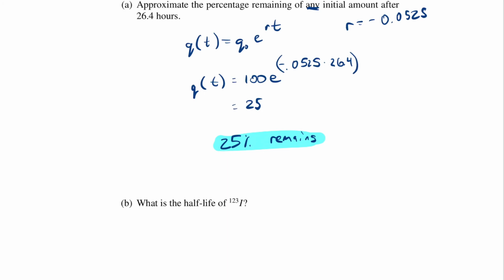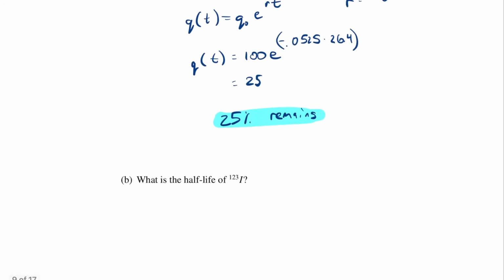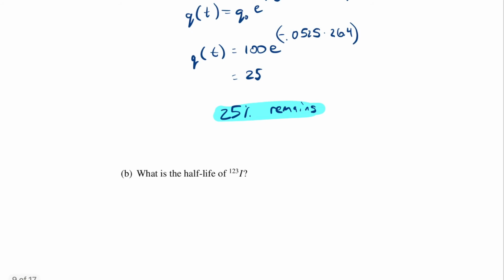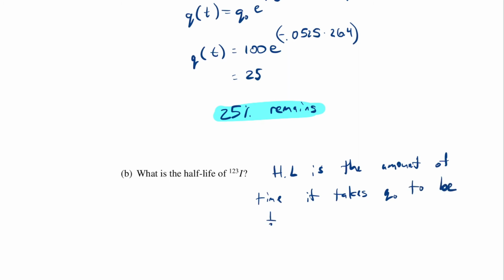Now they're asking for half-life. What is a half-life? Half-life is the amount of time it takes the initial amount to become half the initial amount. So we can start off with 100 again.